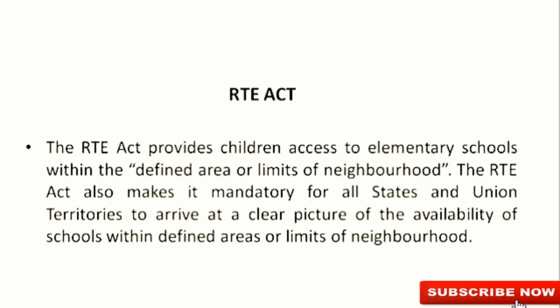The RTE Act also makes it mandatory for all the states and union territories to arrive at a clear picture of the availability of the schools within the defined areas or the limits of the neighborhood.